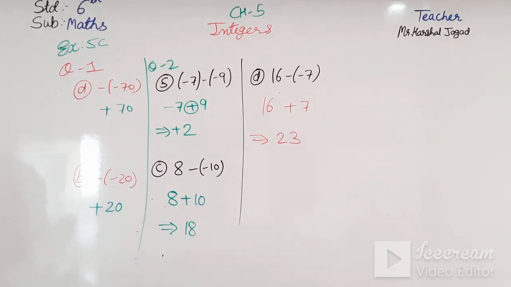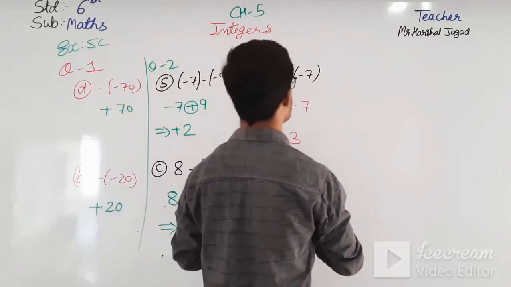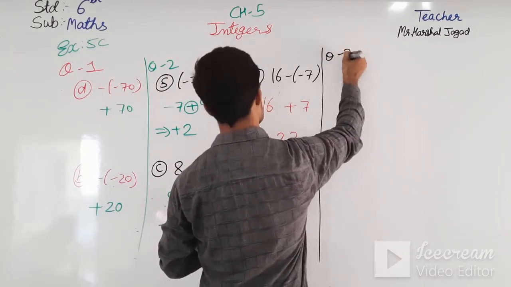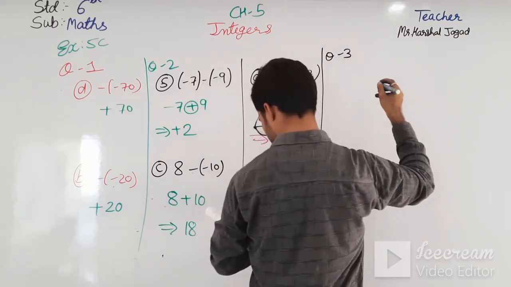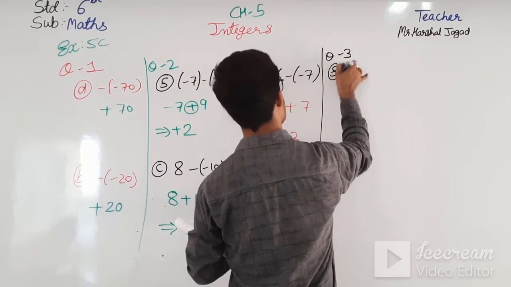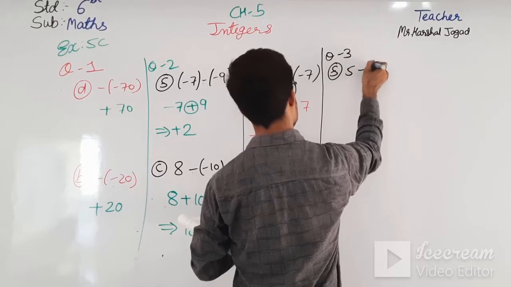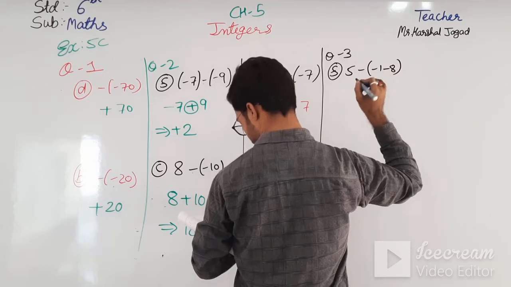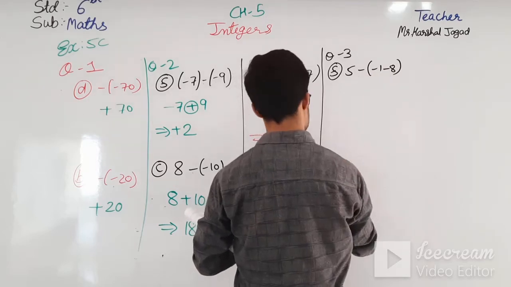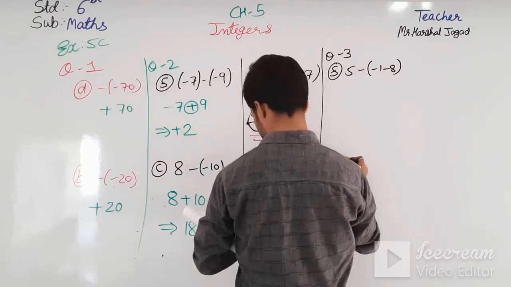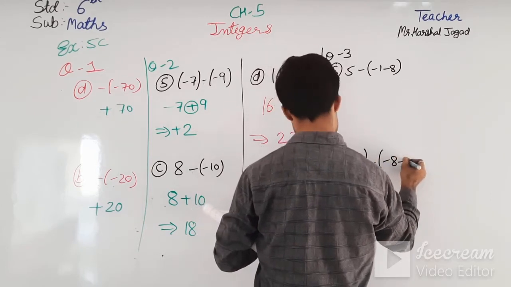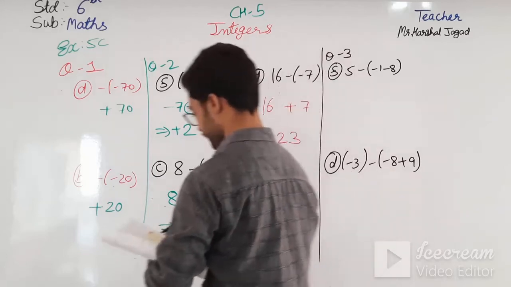Then here question number 3 is given. How do you have to solve question number 3? From that I am just taking any two. First of all we will take f, 5 minus of minus 1 minus 8. Then we will take d, that is minus 3 minus of minus 8 plus 9.